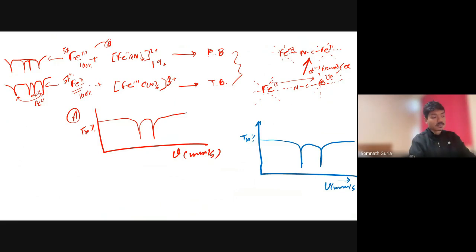Okay, that's all for today, so I'm going to stop here. In the next session, we will come to some other problems also. I'm looking at some research problems right now, and I will show you some results for Mossbauer spectroscopy.